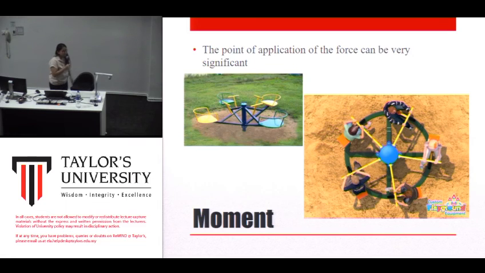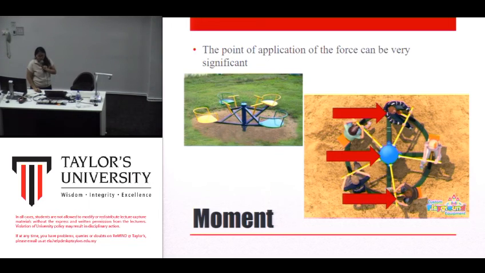Alright, I want to show how important it is by using this merry-go-round. Everybody knows what a merry-go-round is. Let's say I apply 3 different forces on the merry-go-round: F1, F2, F3.